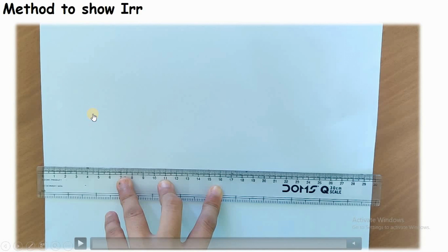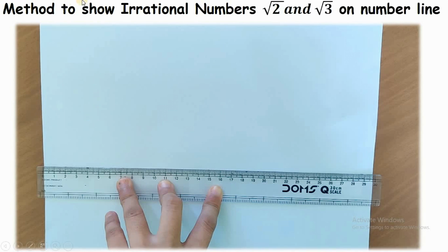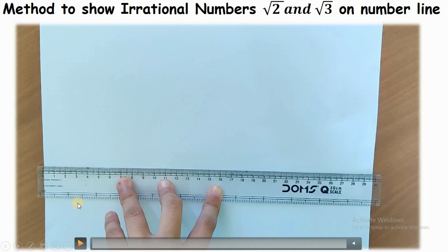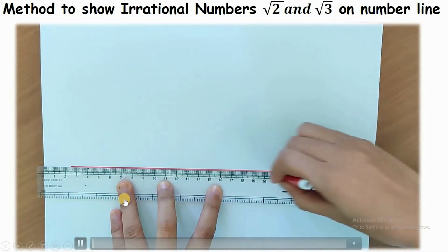This method is also called the spiral method to show irrational numbers on the number line. Here I'll show the irrational numbers root 2 and root 3 on the number line. How to do it: first we'll draw a number line.